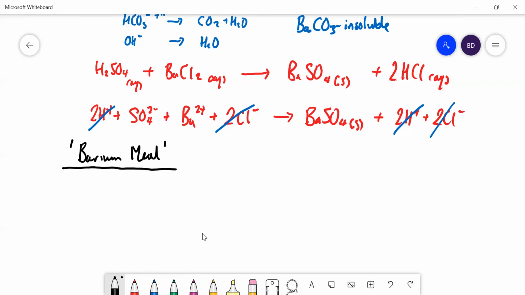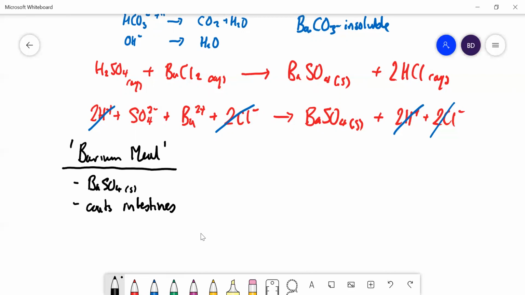If you want to look at the gut with X-rays, you can't, because they will pass through it. So the patient is given a suspension of barium sulfate. It's insoluble, so it's a suspension. That coats the insides of the intestines, and it makes them opaque to X-rays, so then they will show up in an X-ray.